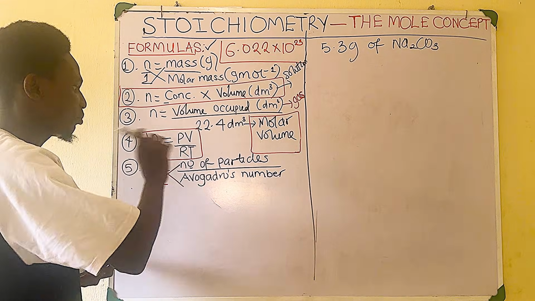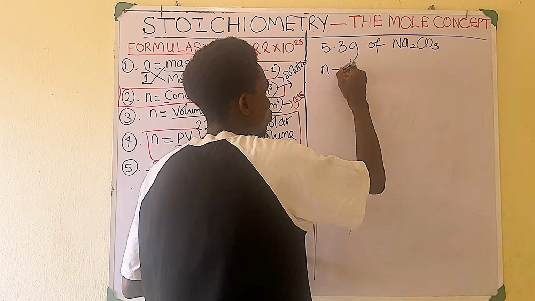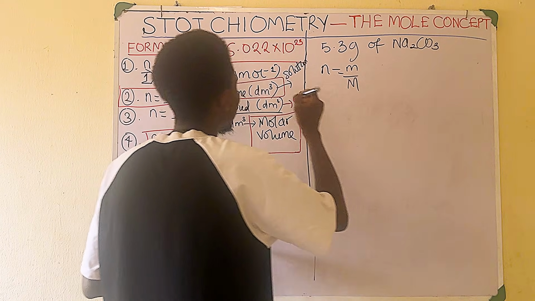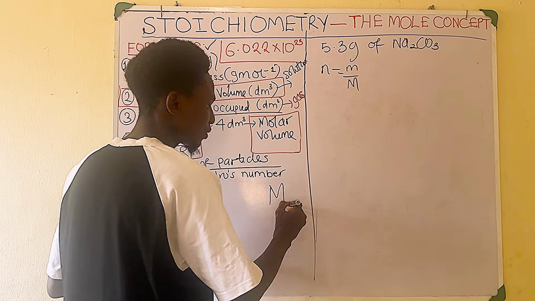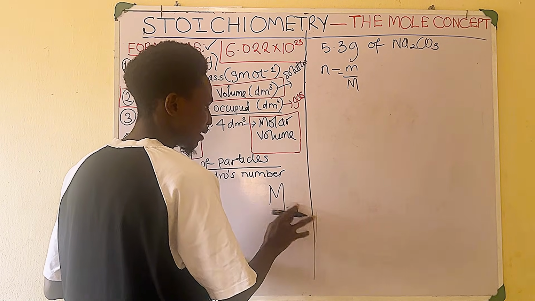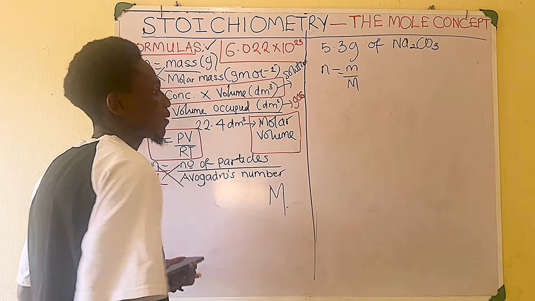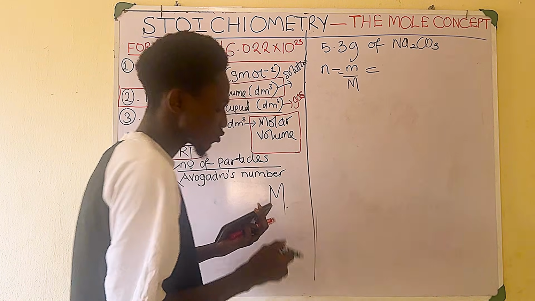I told you guys when you just see mass, know that I'm using number 1. So the formula is going to be n equals mass over molar mass. So molar mass is usually represented with capital letter M. Some people usually add a subscript to it, but I think capital letter M is enough. While mass is represented with small letter m. So from there now, we have mass over molar mass.